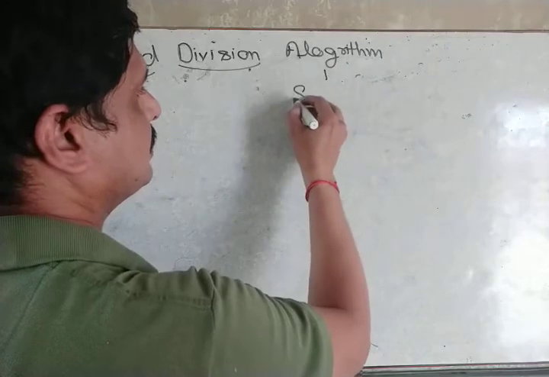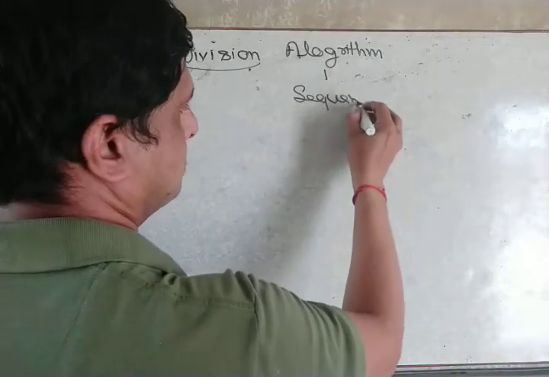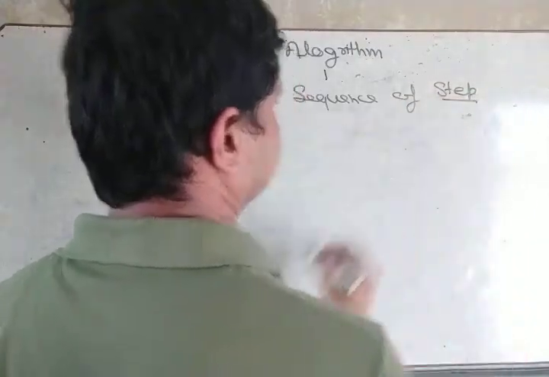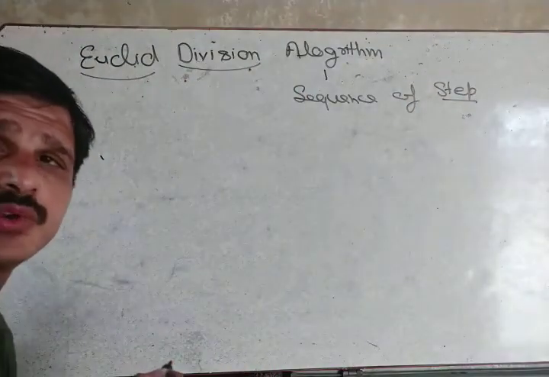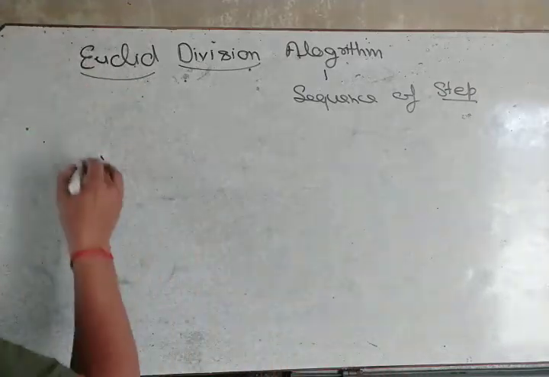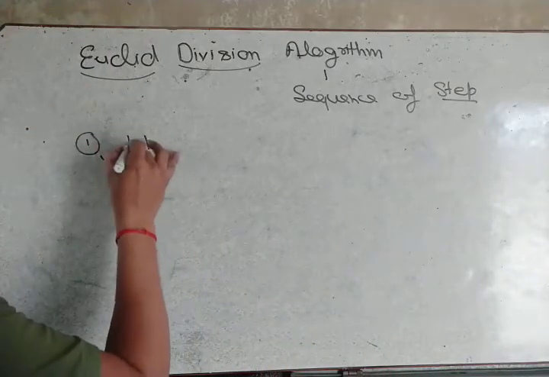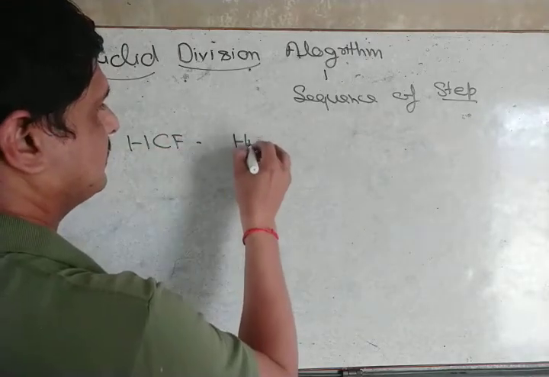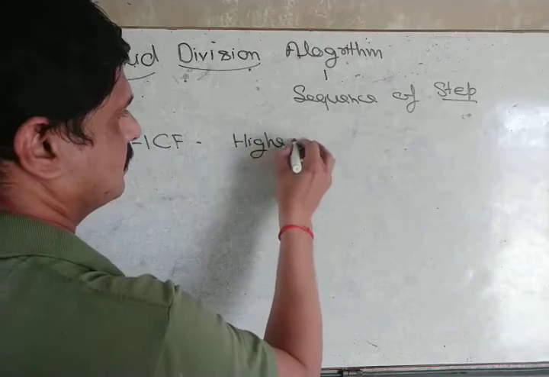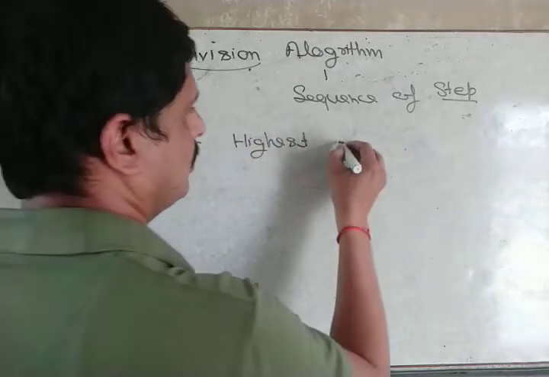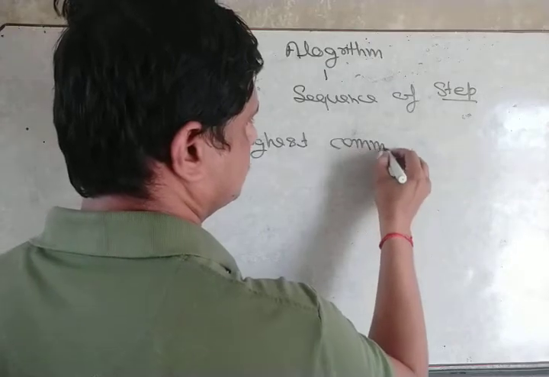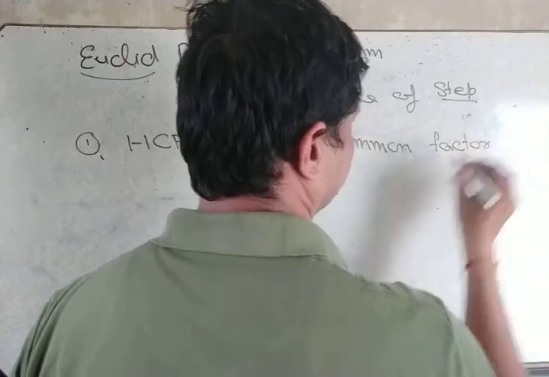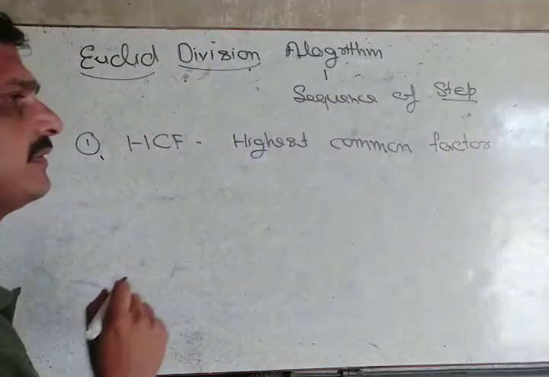Algorithm means sequence of steps, and we follow some steps to find out HCF. HCF is highest common factor.